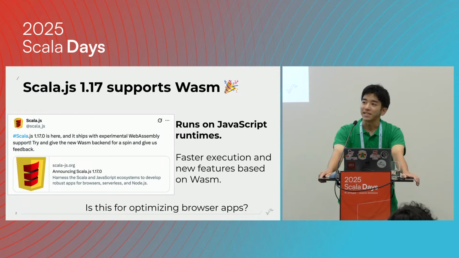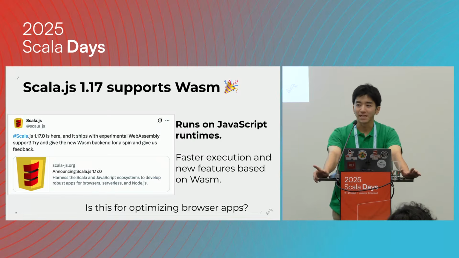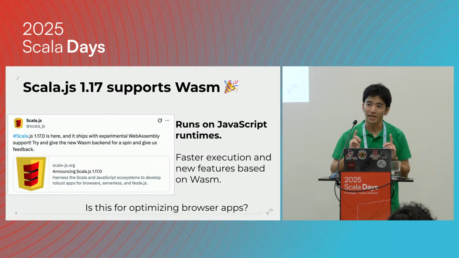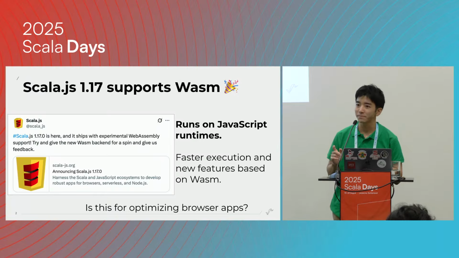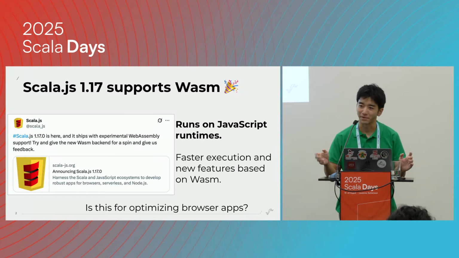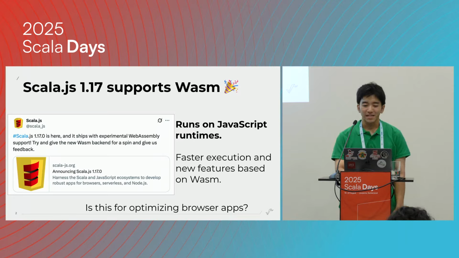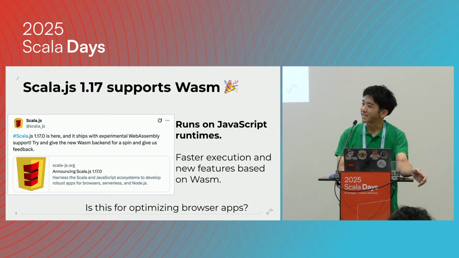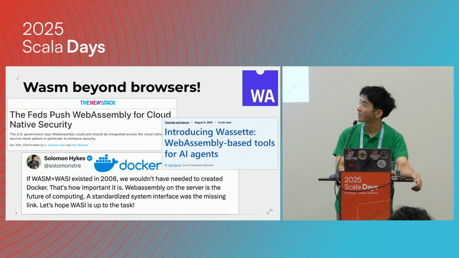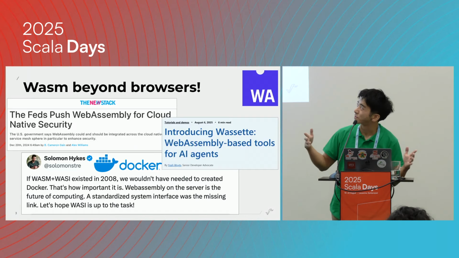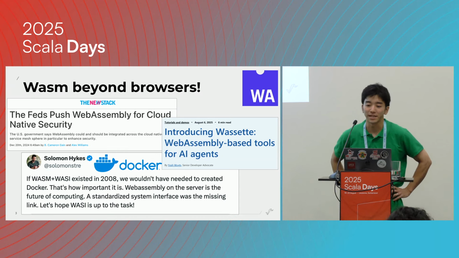So this is great. And now some of you may think WebAssembly is only for optimizing browser applications, because it says WebAssembly. It's yes and no, because it's for optimizing browser applications, but that's not the full story. WebAssembly is more than browsers.